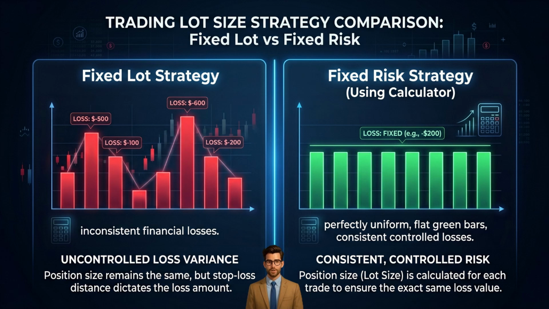If you have a sniper entry with a tiny 5-pip stop loss, the calculator aggressively increases your lot size, allowing you to heavily capitalize on the tight risk while still mathematically guaranteeing you only lose 1% if stopped out. You adapt to the market structure, rather than forcing the market to respect your fixed lot size.